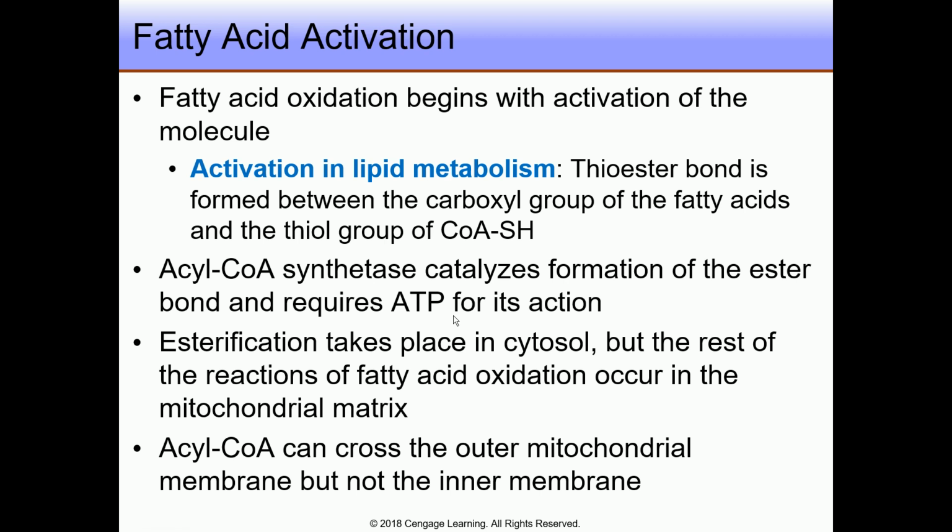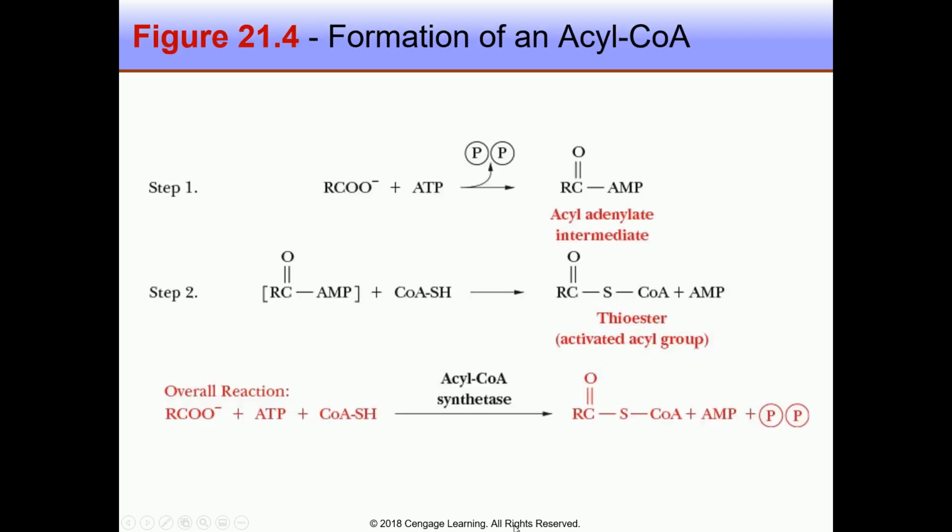This bond formation, which is thioester bond formation, also called esterification, takes place in the cytosol, but the rest of the reactions of fatty acid oxidation occur in the mitochondrial matrix. Acyl coenzyme A can cross the outer mitochondrial membrane but not the inner one.